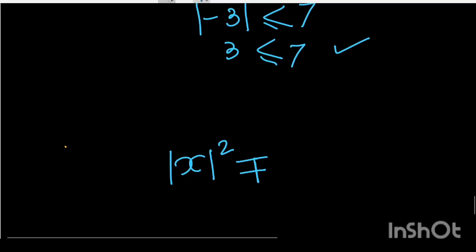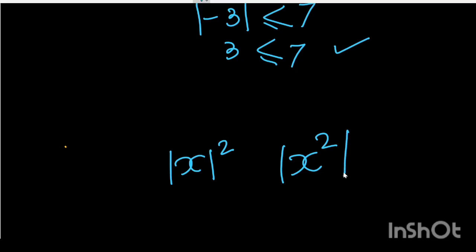If suppose |x|², |x²| and x², what is the relation between these three? Are they the same, or is there a difference?